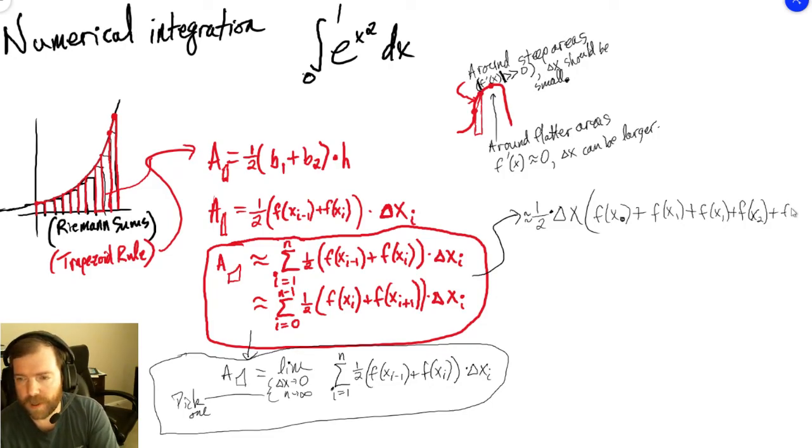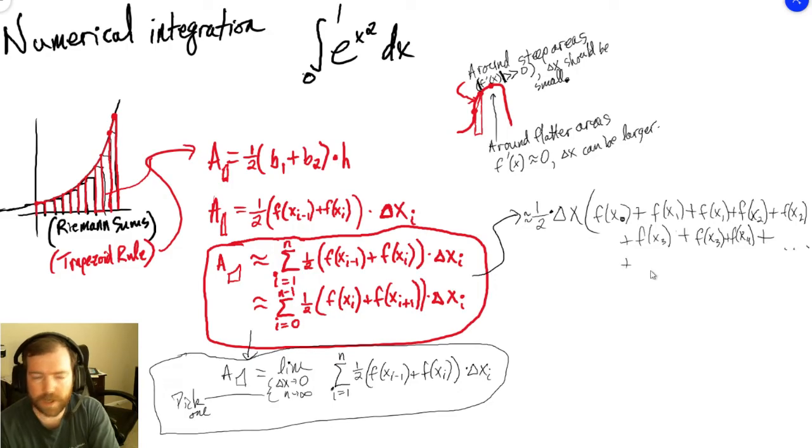Well, this is going to be f of x sub 2 again, plus f of x sub 3, plus the next term over is going to have f of x sub 3 plus f of x sub 4 plus, and then it's going to just keep continuing on until we get all the way out to f of x sub n minus 1 plus f of x sub n.